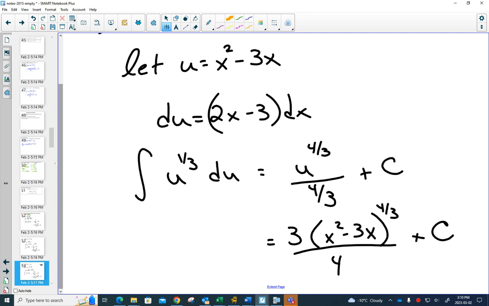So I multiply by the reciprocal to get rid of the fraction inside of the fraction. That gives me 3/4 out in front. Add 1 to the exponent. I think this is a great example. As soon as your exponents start to go to fractions, if you try to do this one directly, it's a little bit hard. But the substitution still makes it relatively easy.